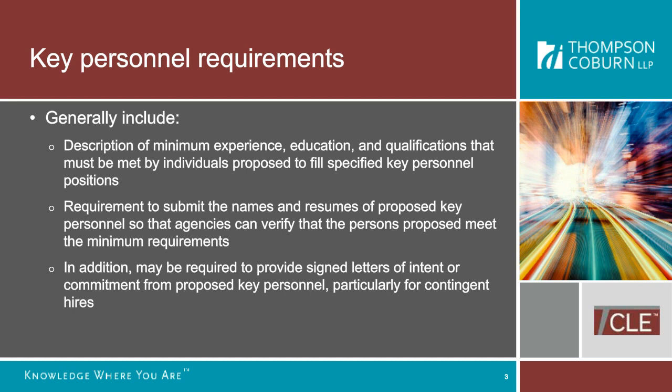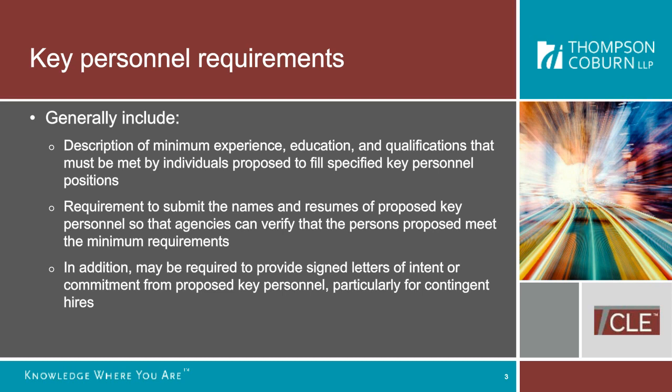The types of things that you'll often see in terms of the requirements are, in terms of experience, a total number of years working in this type of industry or position. For education, they sometimes dictate that you have to have a BA in a certain area of study, such as computer science. Some even require a master's degree.